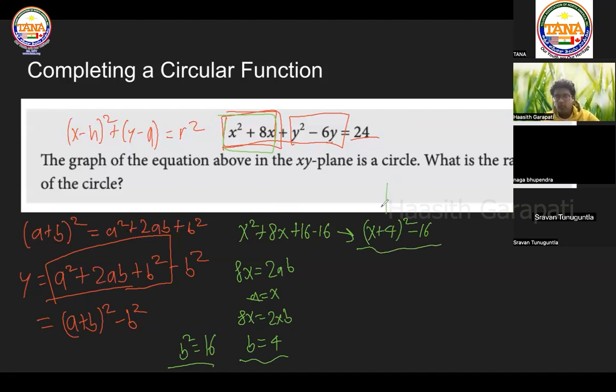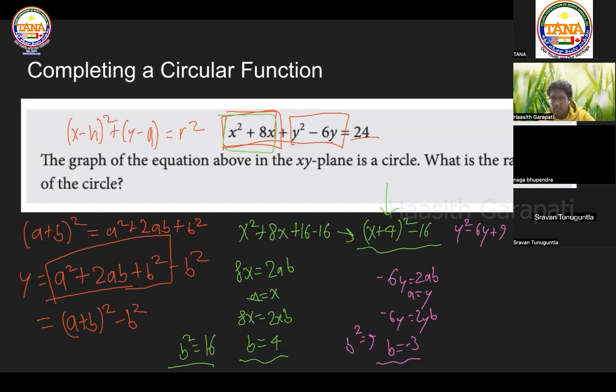So we created a full quadratic equation that actually can be used in a circular function. Now we have to do the same thing for the y. I'll use a different color. Okay, for the y squared minus 6y, negative 6y is equal to 2ab, so a is equal to y in this case, and negative 6y is equal to 2y times b, therefore b is equal to negative 3, and then b squared is equal to 9.